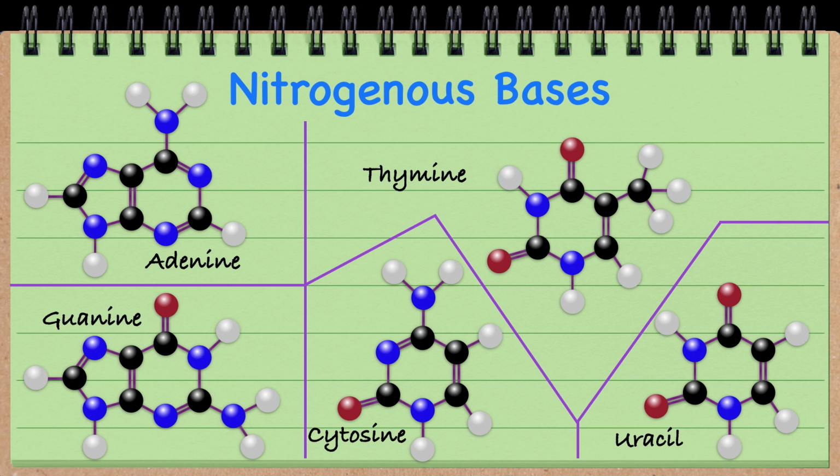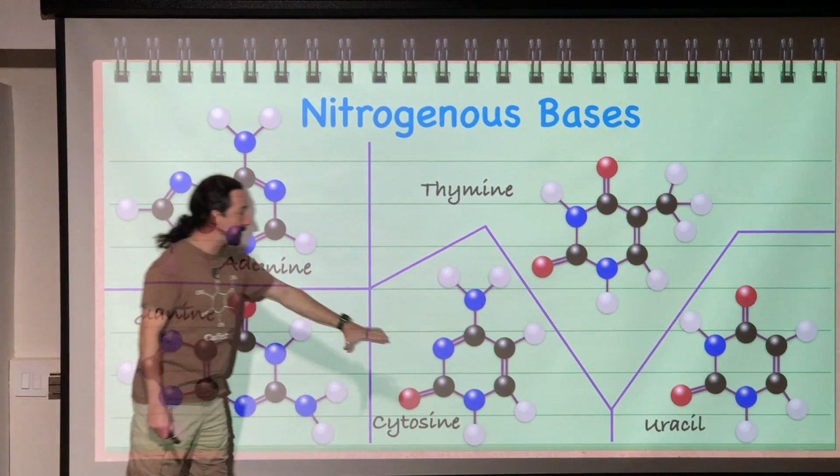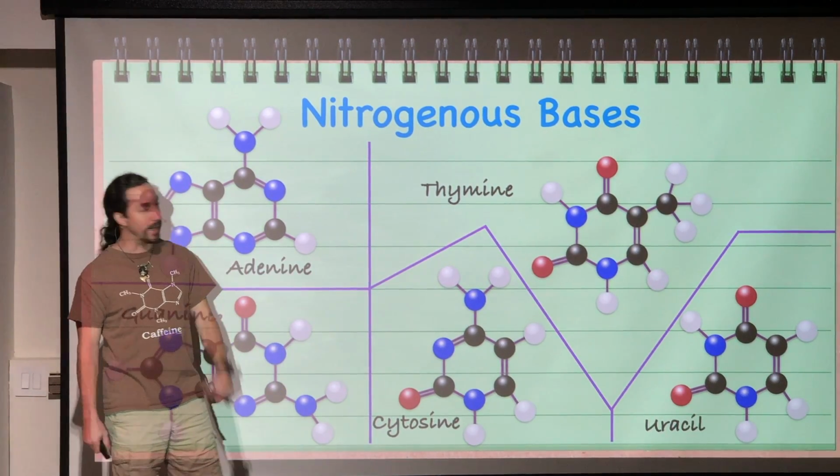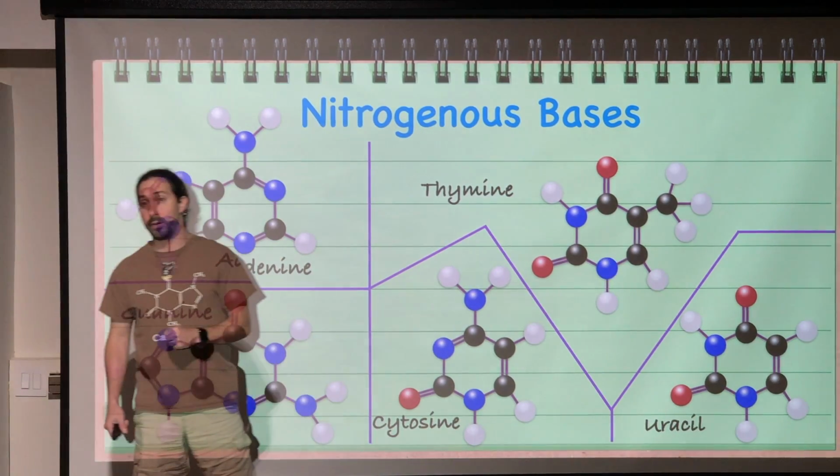So uracil, thymine, and cytosine, those are pyrimidines, and adenine and guanine, those are both called purines. Adenine, guanine, and cytosine are found in both RNA and DNA. Thymine is only found in DNA, and uracil is only found in RNA.